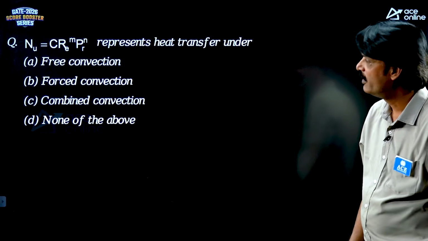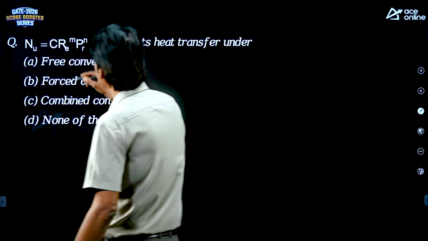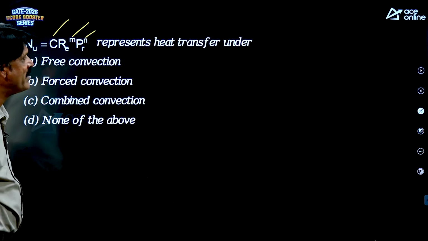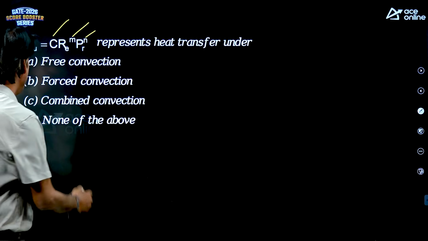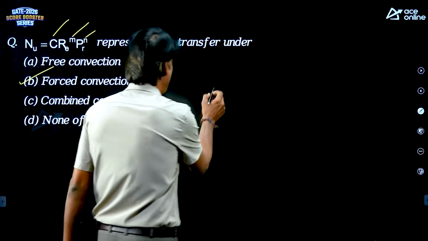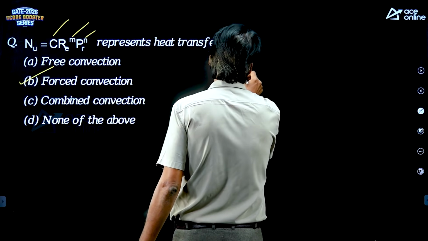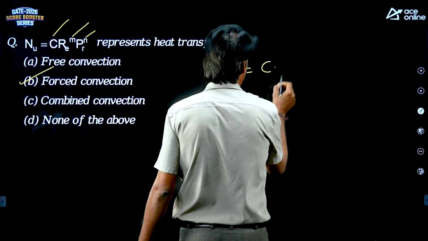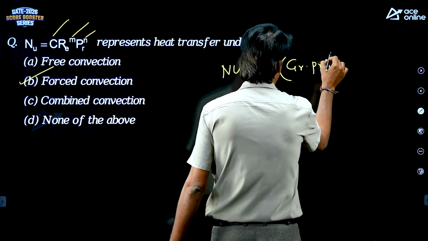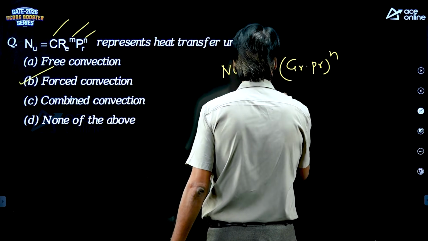Convection. Nusselt number is some constant C, Reynolds to the power m, Prandtl to the power n, and this represents heat transfer under forced convection. If you are writing it, Nusselt number is some constant C into Grashof number into Prandtl number to the power of n. This is free convection.